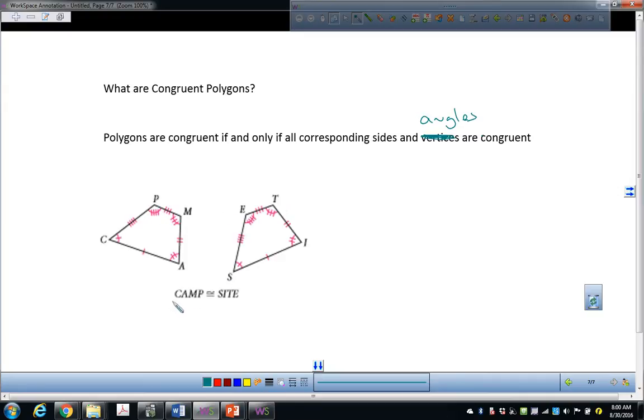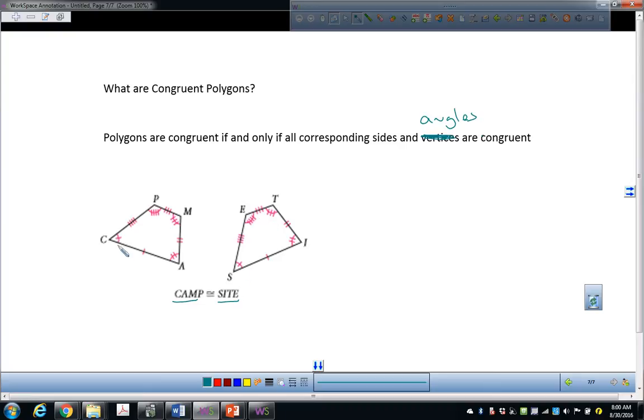When you write a congruent statement, you can tell by the congruent statement which goes with what. Because I spelled this polygon CAMP, that must mean that angle C goes with angle what on this one? S over here.